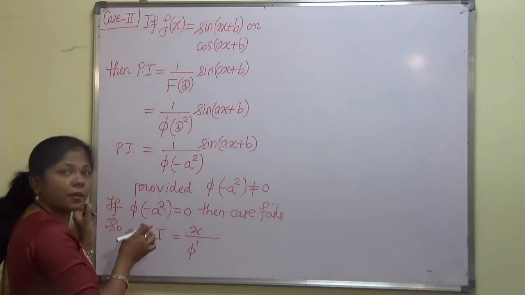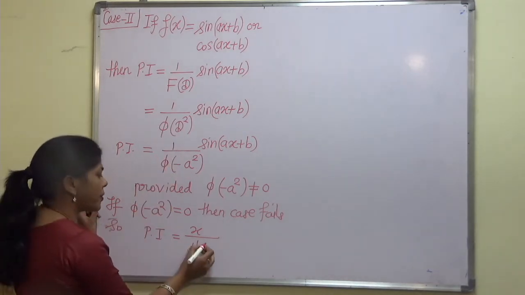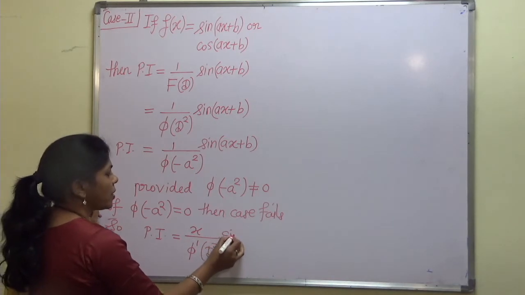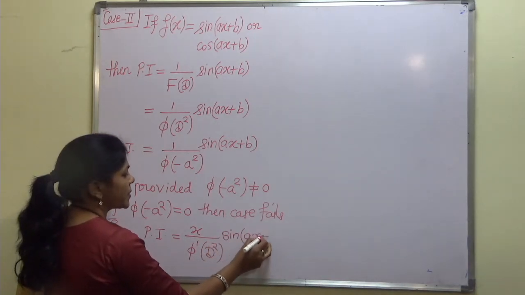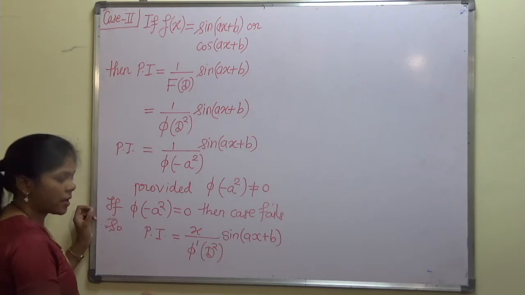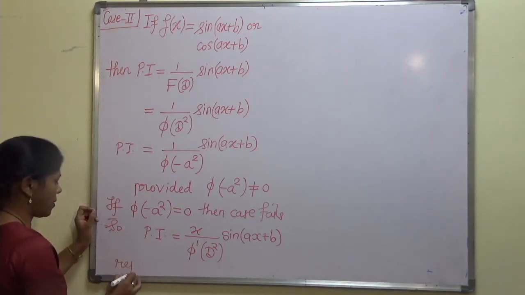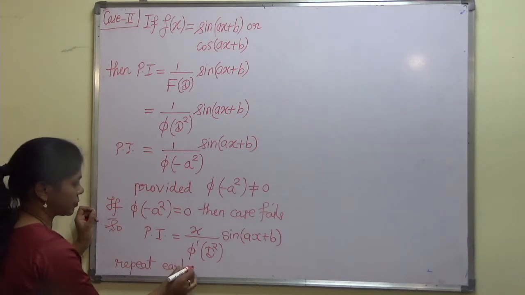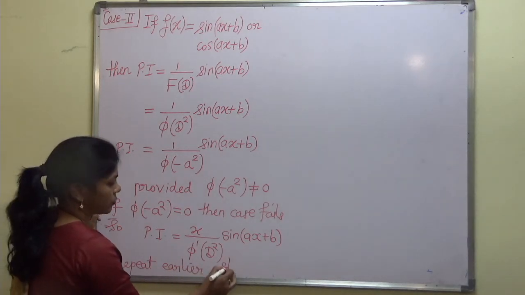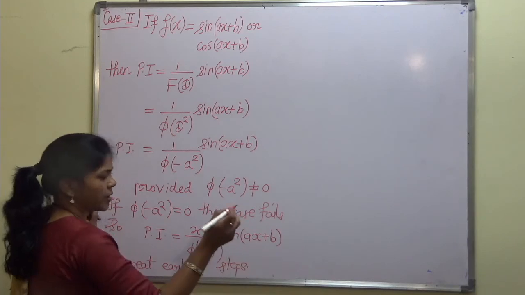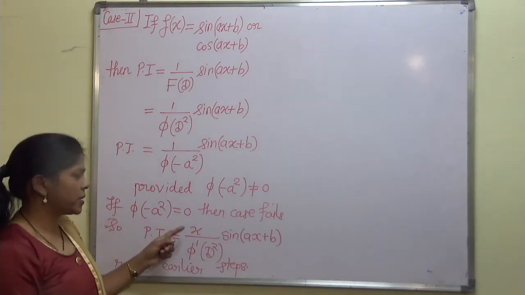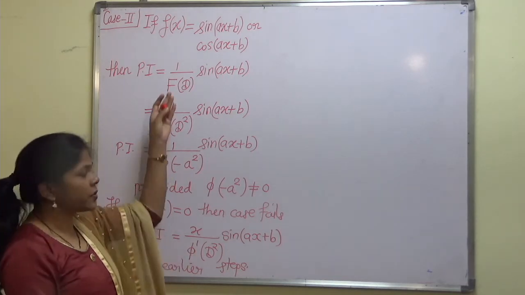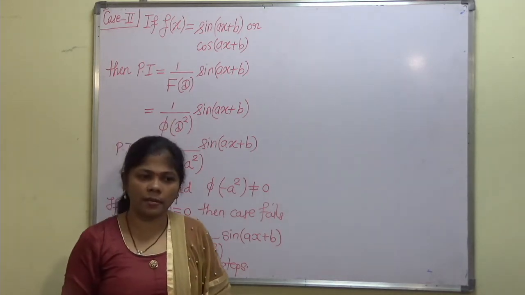So here we have done the replacement, and here we will differentiate that, and operating and repeating the same process again. So in case of failure, just make this slight change and repeat the earlier steps. You will get the answer.